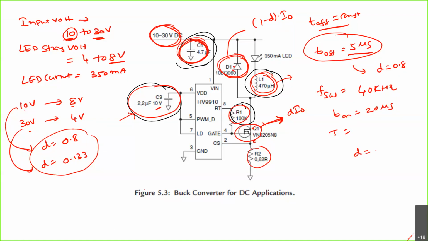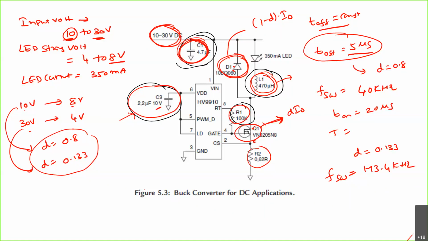Similarly, for D equal to 0.133, what is the switching frequency? It will be roughly around 173.4 kilohertz.